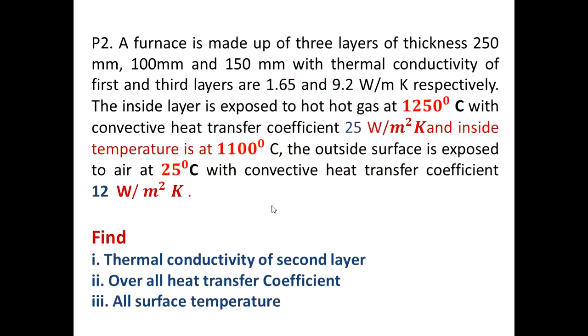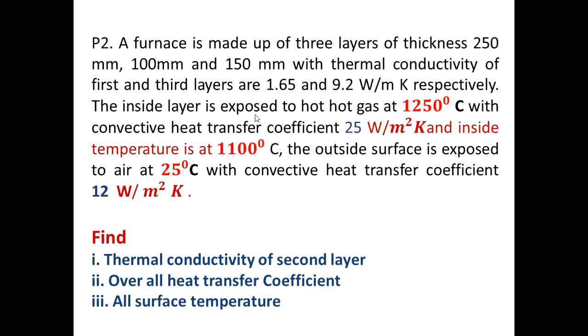Heat transfer thermal problem, the problem number 2 that I am going to explain now. The problem statement is like this. A furnace is made up of 3 layers of thickness 250 mm, 100 mm and 150 mm with thermal conductivities of the first and third layers being 1.65 and 9.2 watt per meter Kelvin respectively.